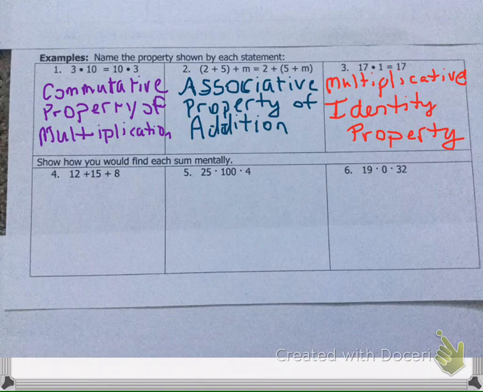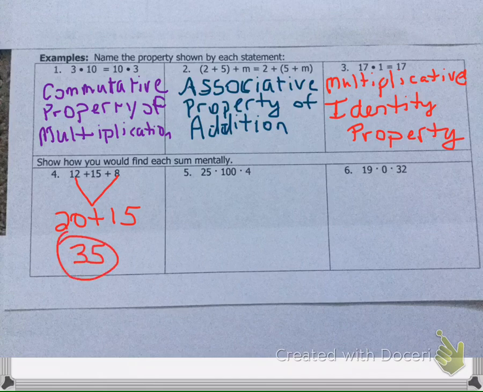If I was going to add 12 plus 15 plus 8, I would do that by getting to maybe a multiple of 10. So I would add 12 plus 8 first, because that will give me 20. And then I'm going to add that to 15, because that's nice and easy to do in my head mentally, 35.